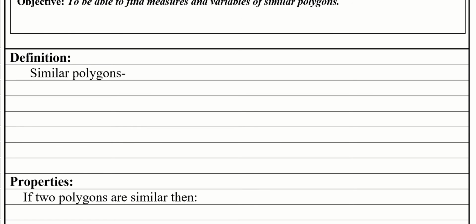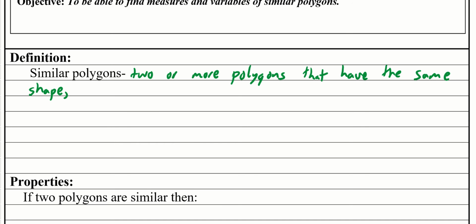So the first definition here, similar polygons are 2 or more polygons that have the same shape, but are different sizes. Okay, they look the same, they have the same shape, but they're different sizes.